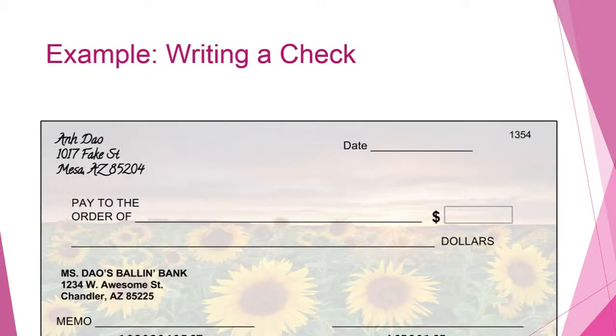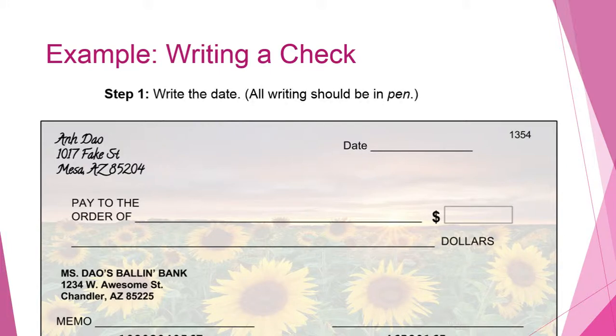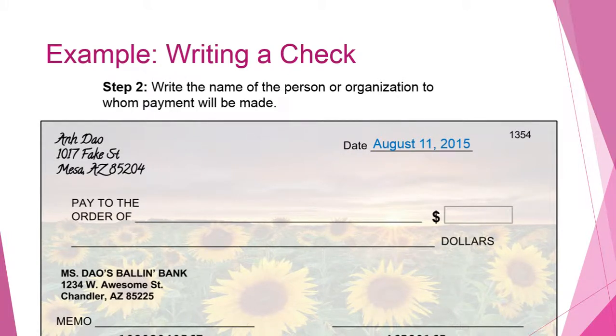So here is an example of a check. First thing you want to do is go ahead and write the date. So I am writing out August 11th, 2015. So you want to make sure you write a current date. The next step is to write the name of the person or organization to whom payment will be made.